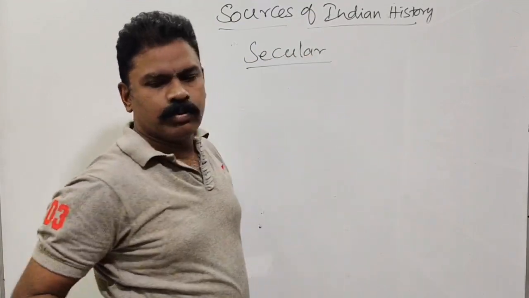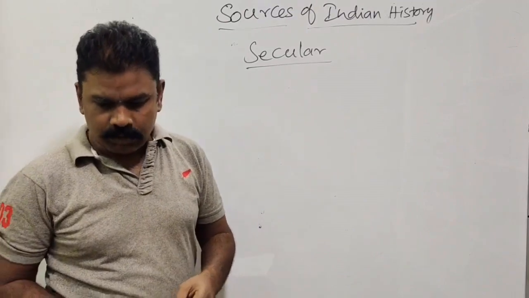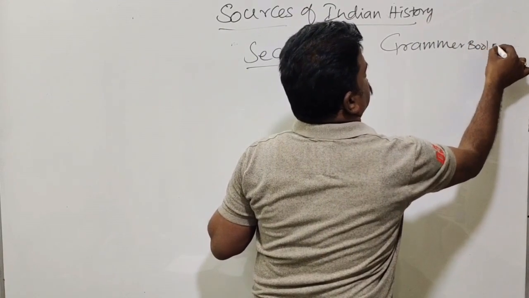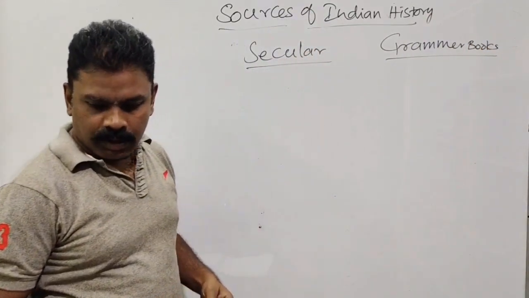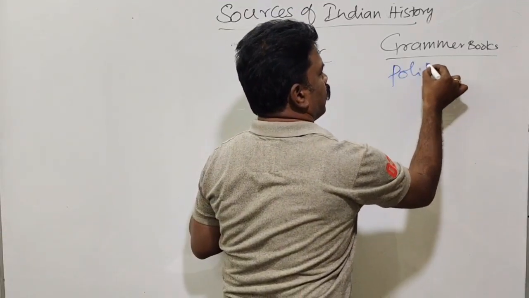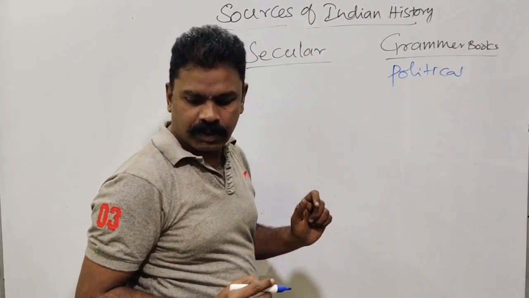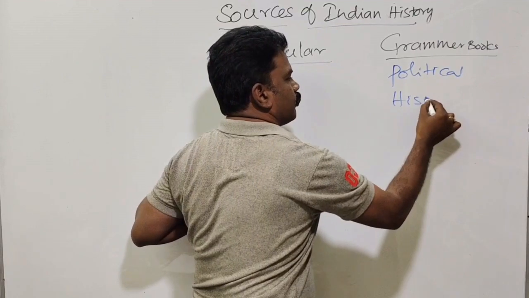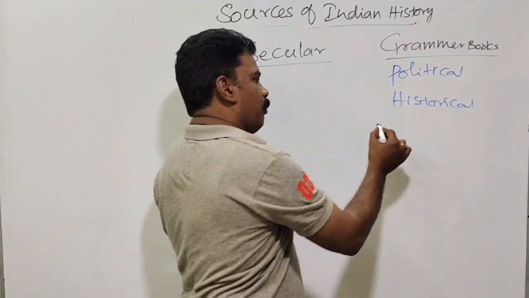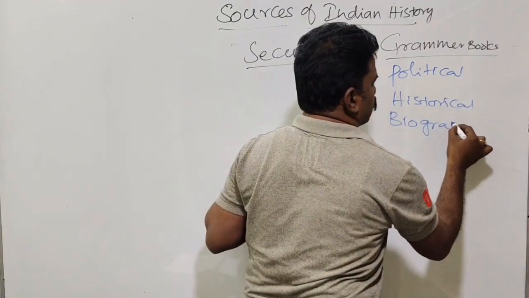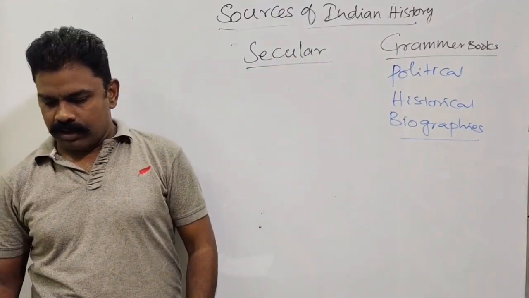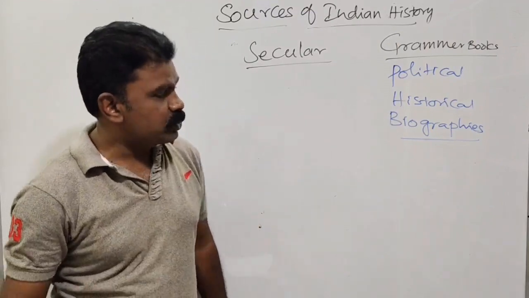There were different types of secular books. Secular books are grammar books, political books, historical books, biographies, etc. All these books are related to secular books.